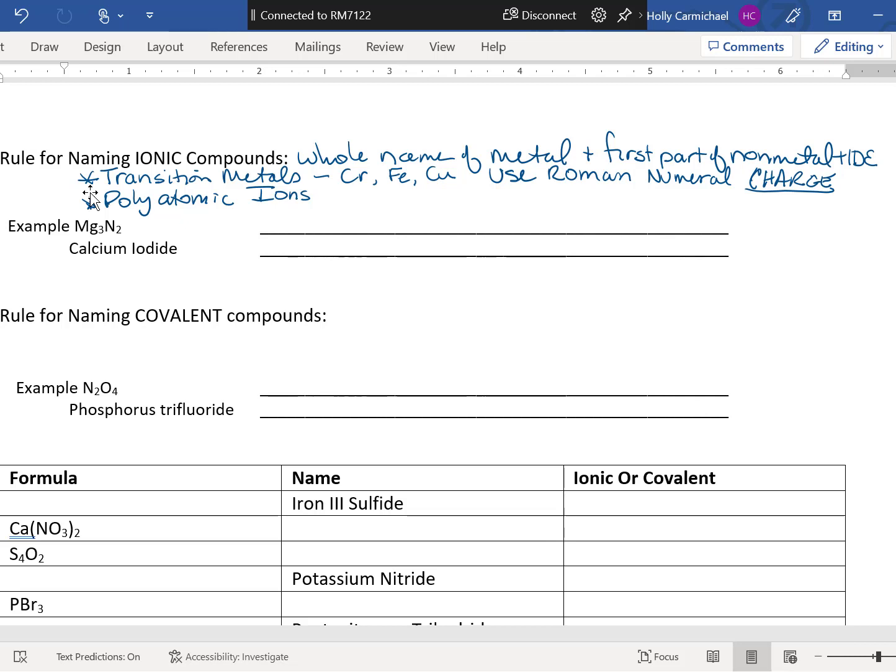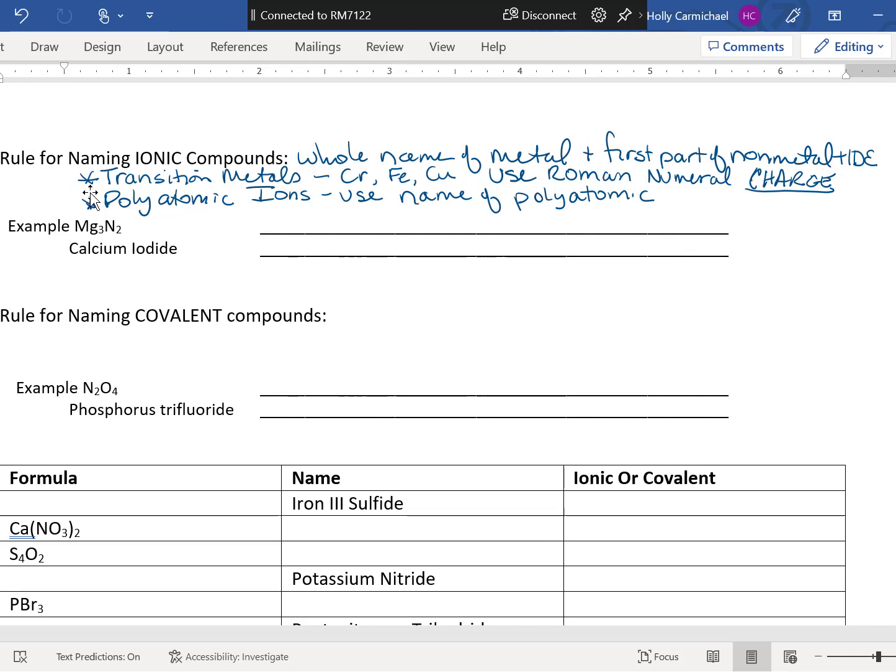With polyatomic ions, you just use the name of the polyatomic. You don't have to change to IDE. If there's a phosphate in your formula, it just ends in phosphate.